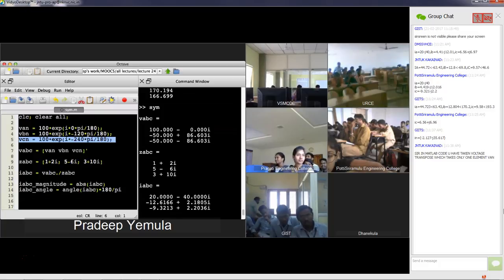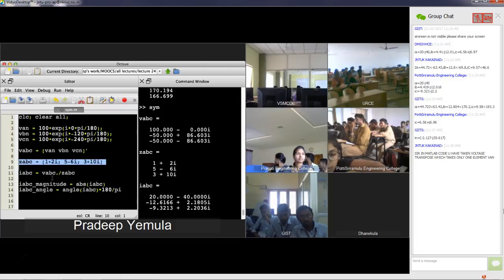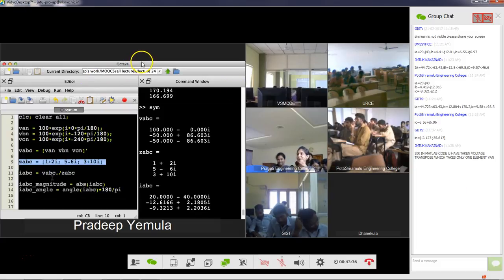Then we have ZABC, the impedances of all three phases. Then I just divided to find the current, and then absolute values and angles, so 41.7 amperes, 12.8 amperes, 9.5 amperes, and these are the angles.